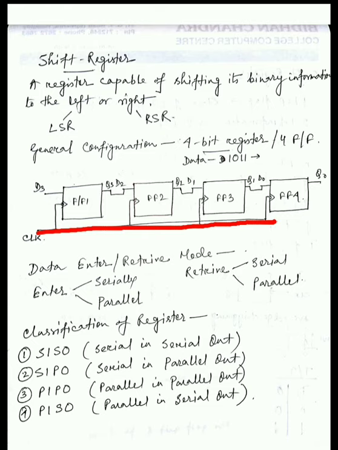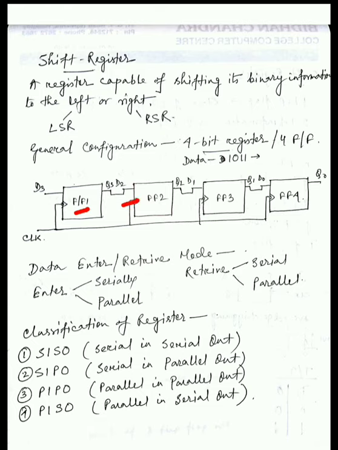Now, the output of the first flip-flop is connected to the input of the second flip-flop. Here Q3 is connected with D2, Q2 connected with D1, Q1 connected with D0, and this is the last output. This is the input and this is the output, and every other flip-flop's input comes from the previous output. That means the output of the previous flip-flop goes as the input of the next flip-flop.